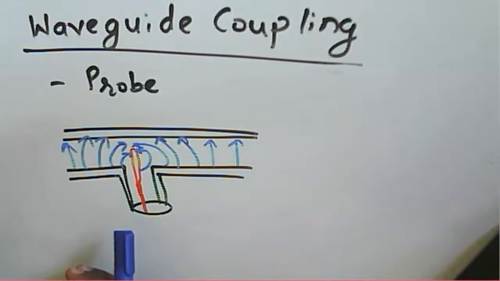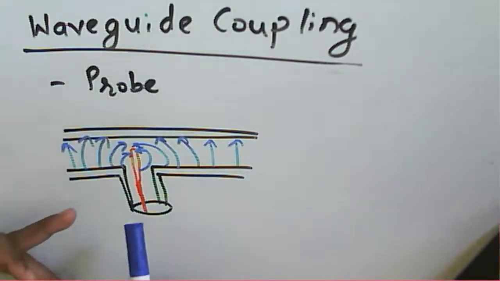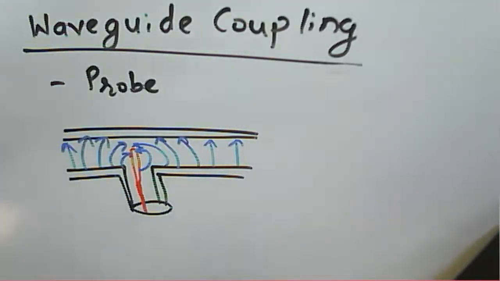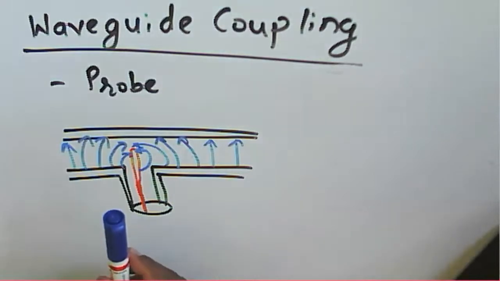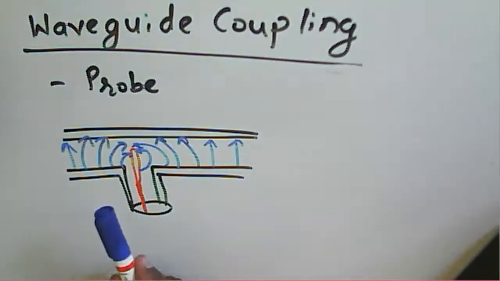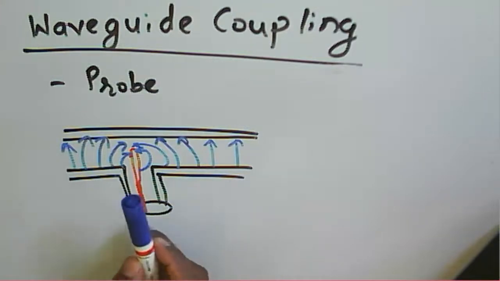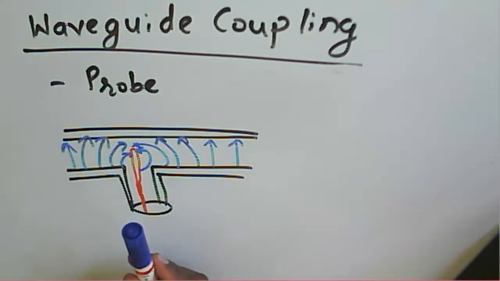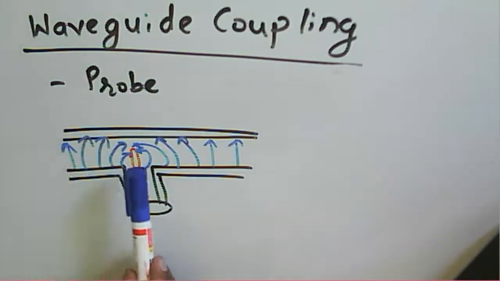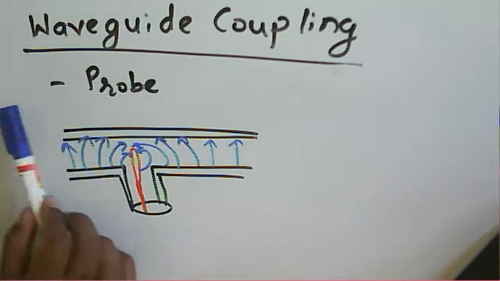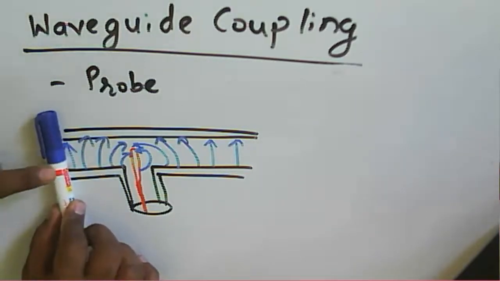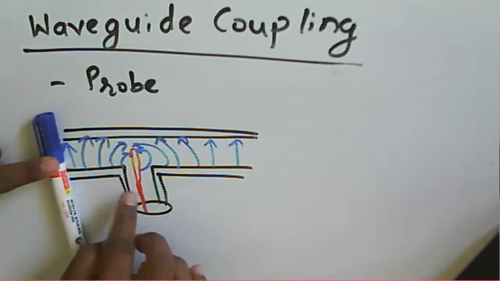So if that probe is located at the center of a rectangular waveguide, then we will get the highest efficiency. Okay, so how we insert the probe inside the guide, and then what will be the spacing? Suppose this end is closed now. What will be the spacing from this end to this particular probe here?